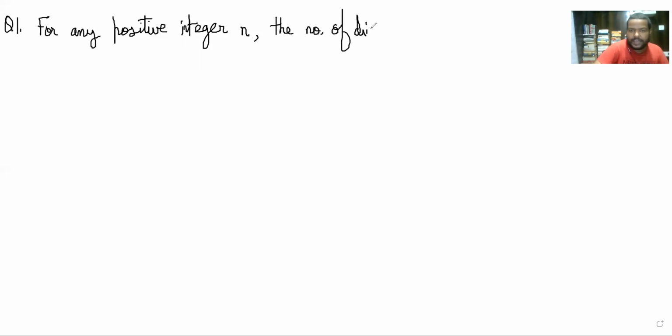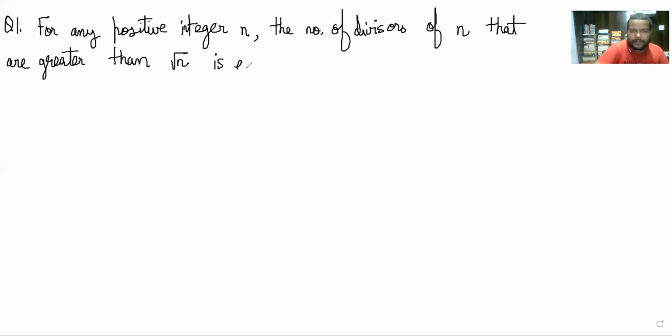The first question that we'll look at is: for any positive integer n, the number of divisors of n that are greater than root n is equal to the number of divisors that are less than root n.